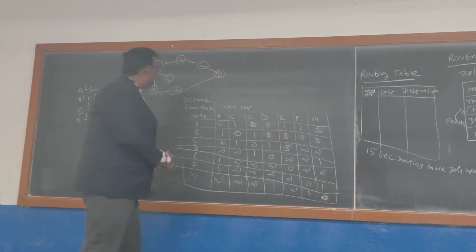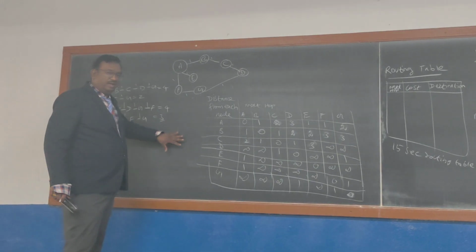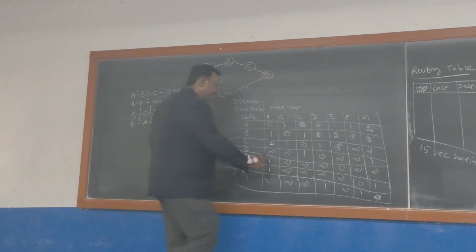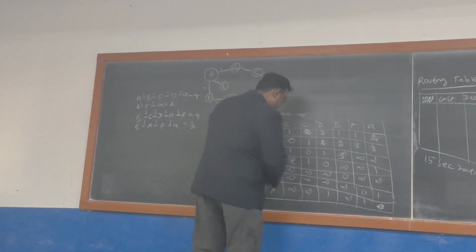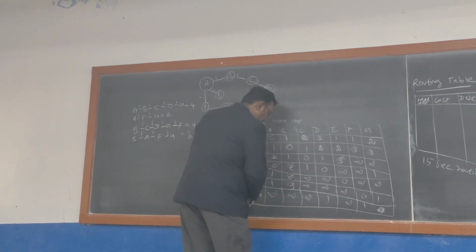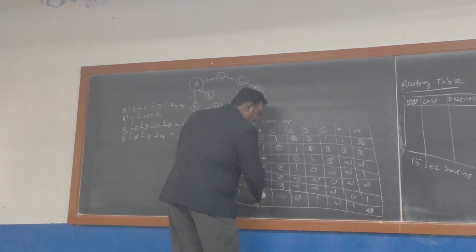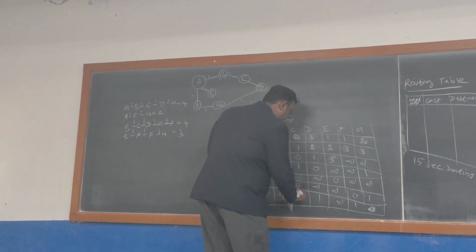So likewise, we are going to fill in every other entry in this routing table. So this is something called a final routing table.